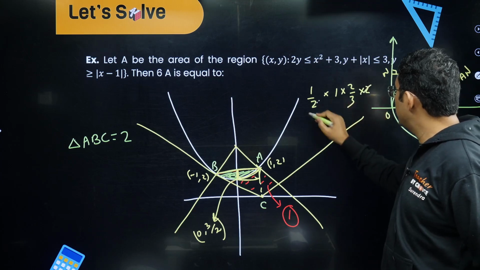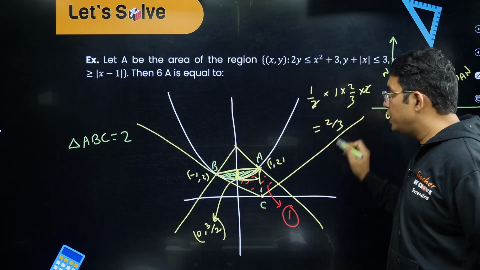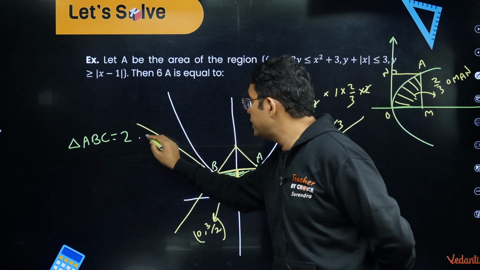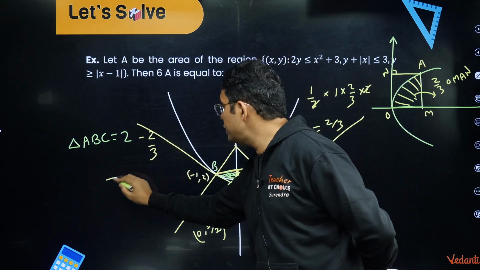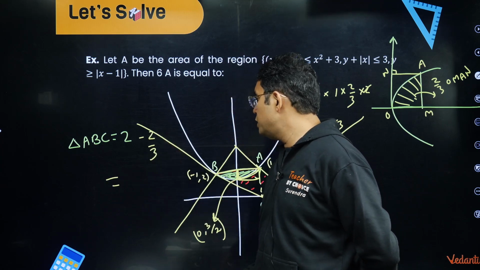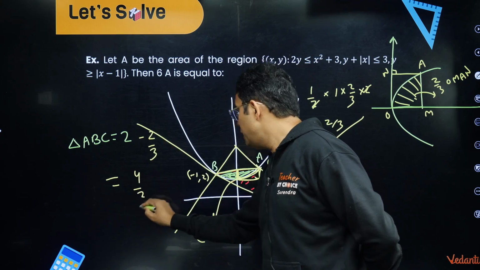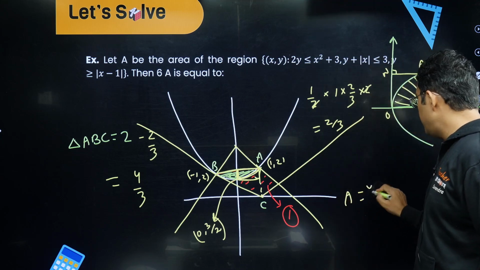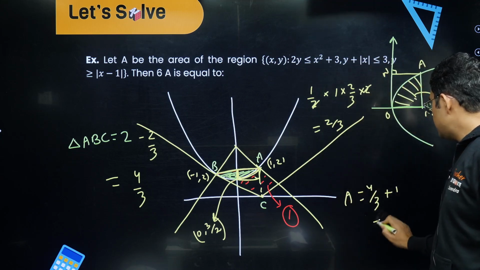This 2 cancels, so it will be 1/3... So dear students, from this area ABC I need to subtract just 2/3. If you subtract 2/3, you get 6 minus 2, that is 4/3, and plus 1 from here. So the final area was 4/3 plus 1, that is 7/3.